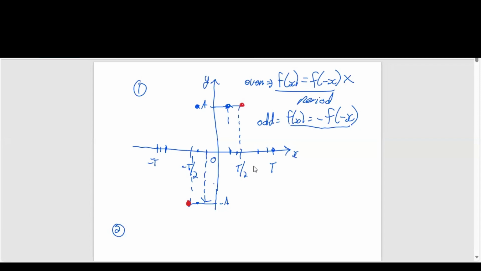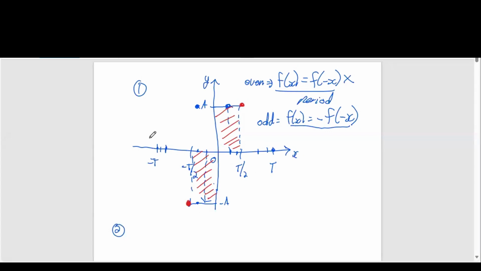At T here, the pattern will repeat itself again, so it's starting here and then here. So the areas we're looking at are this area here and this area here. We can clearly see that the area underneath here will equal the area here, so it will not have a DC component.